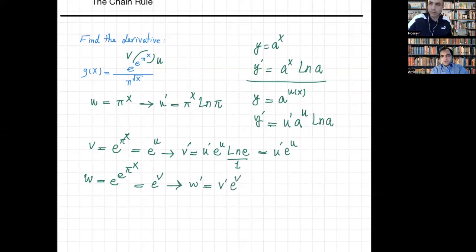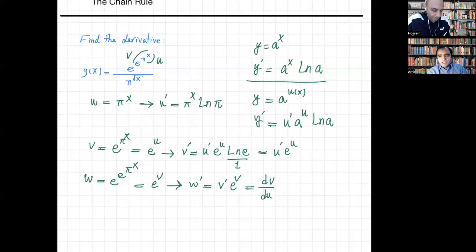Now I'm going to... Hussein, there is a point. V prime is not a derivative in terms of x. It is a derivative in terms of u. So it's good to write it down in front of the line: v prime equals dv over du. Just in a bracket at the end of each line, so it is not confused with x. So dv over du, and for w prime, dw over dv. Is that what you mean?